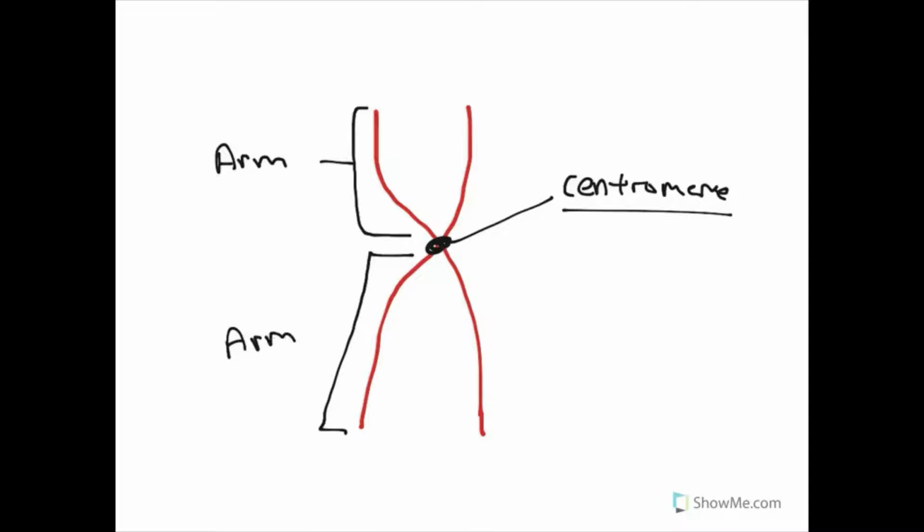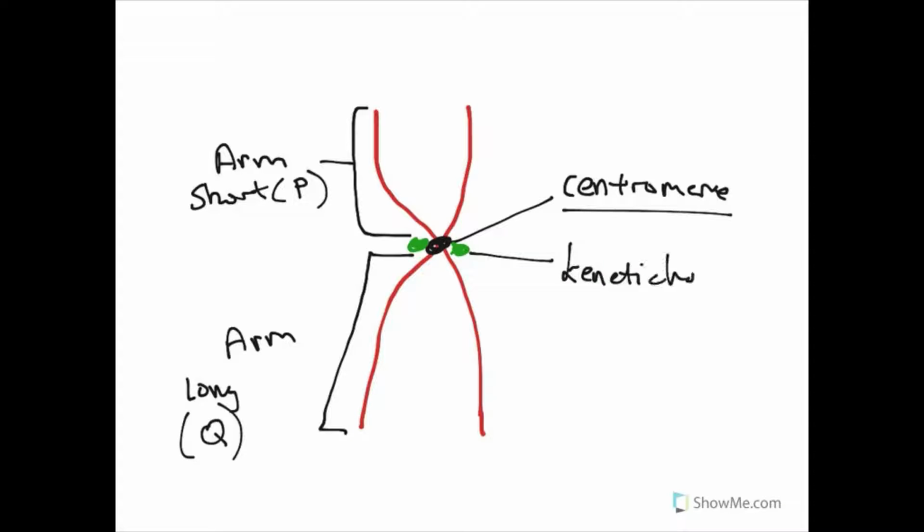Now, usually for an arm, there is usually a short arm, oftentimes called the P arm, P for petite, and a long arm, and we refer to that as the Q arm for chromosome. And at the centromere, there will be these protein areas that are there for microtubules to bind. And these microtubule binding areas are referred to as the kinetochore.